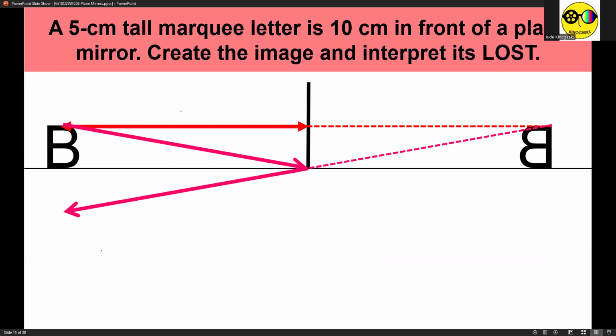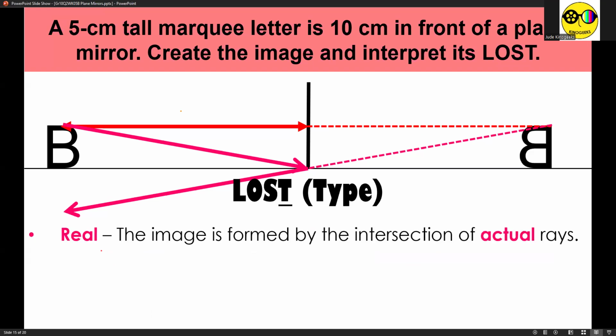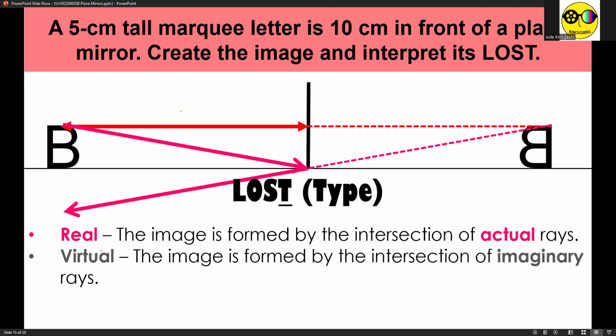And finally, for the T is the type. So for the type, we have two options. So first is real, wherein the image is formed by the intersection of actual rays or unbroken lines. And finally, we have the virtual, wherein the image is formed by the intersection of imaginary or broken lines, or broken rays, pala, rather.